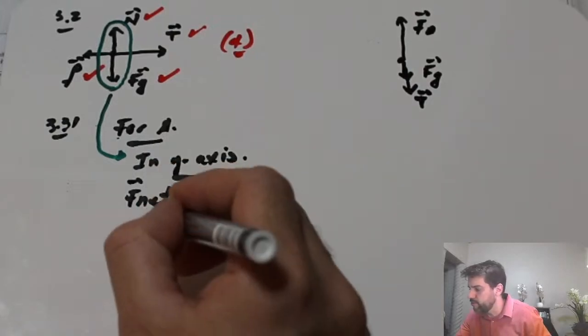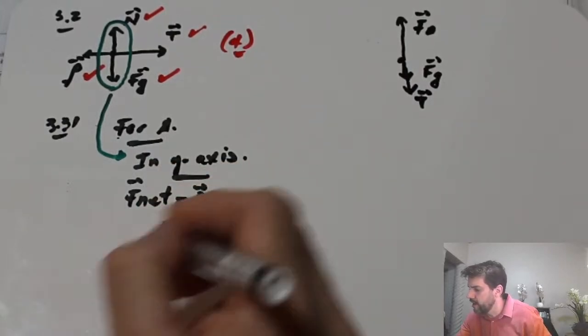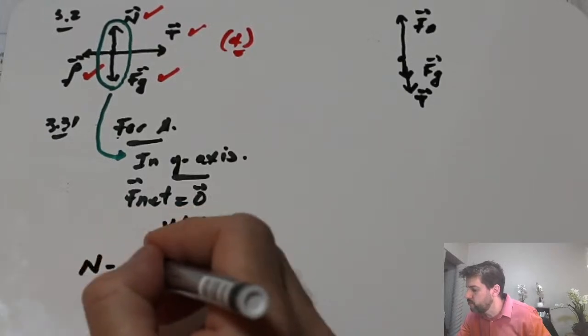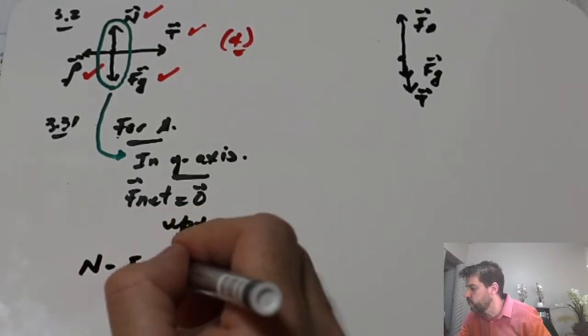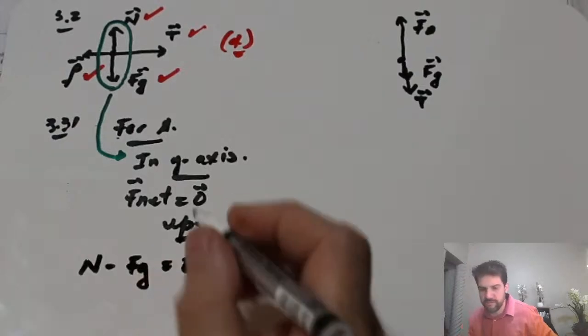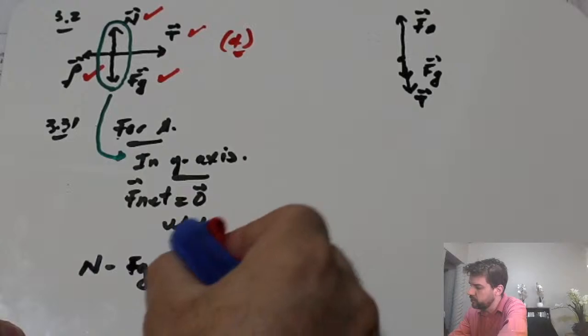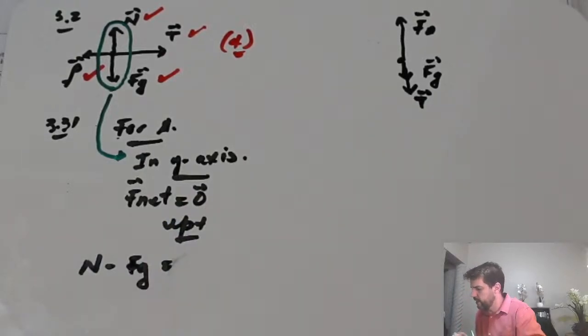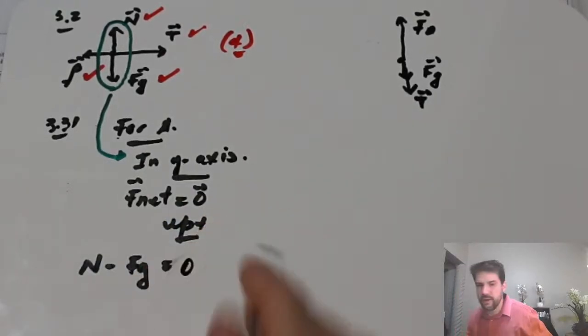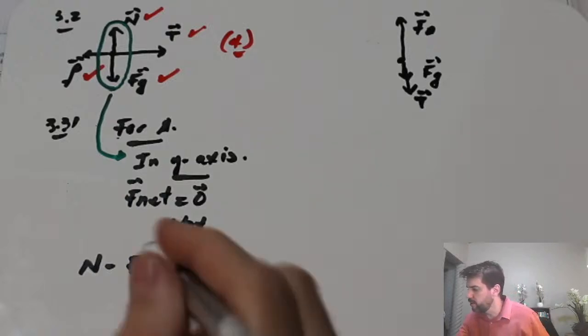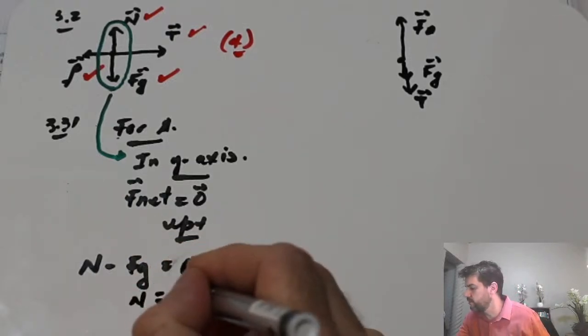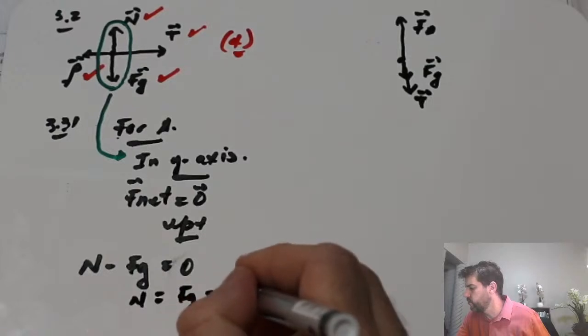If we take up as positive, then we get that normal minus gravitational force is equal to 0. That is a 0 there. Let me erase this one, clean that one there. There we go. Okay? So normal is equal to gravitational force, which is equal to mg.